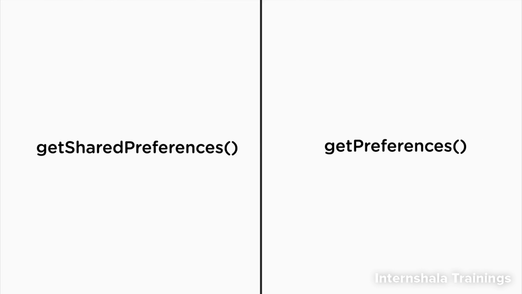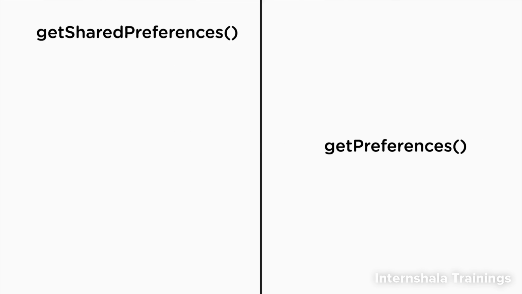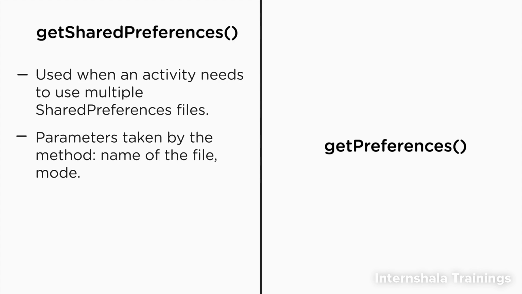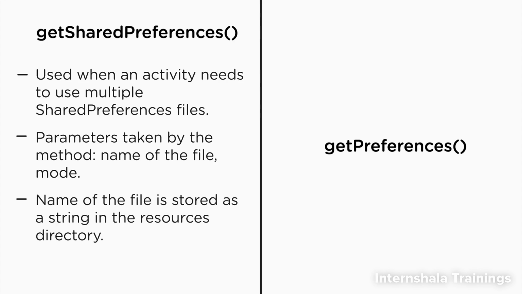The getSharedPreferences method is used when an activity needs to use multiple shared preferences files. The two parameters that this method takes are the name of the file and the mode. The name of the file will be stored as a string in the resources directory. We will then refer to that string here. As for mode, there are multiple modes that this method can use.